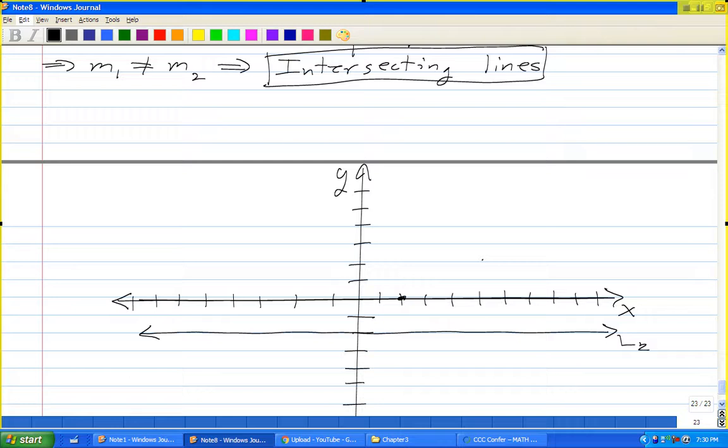So let's draw the line going through those points. It's L1. So the point of intersection looks like (-1, -2).